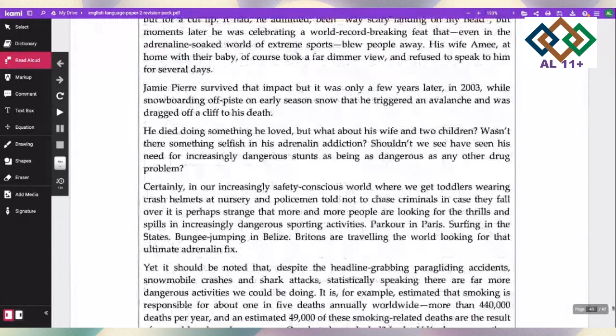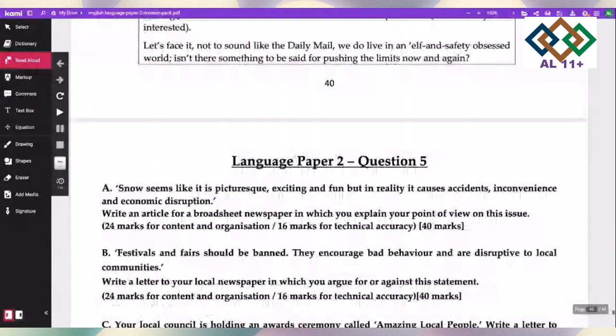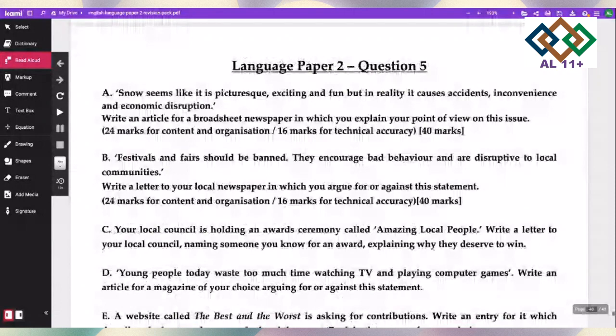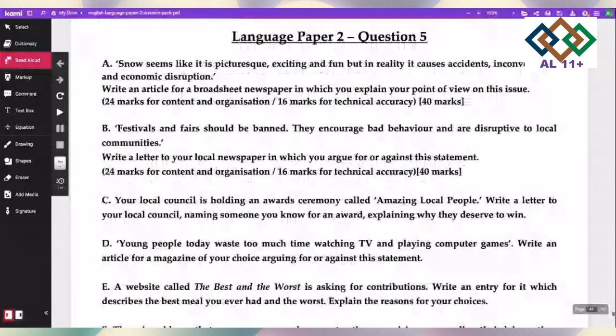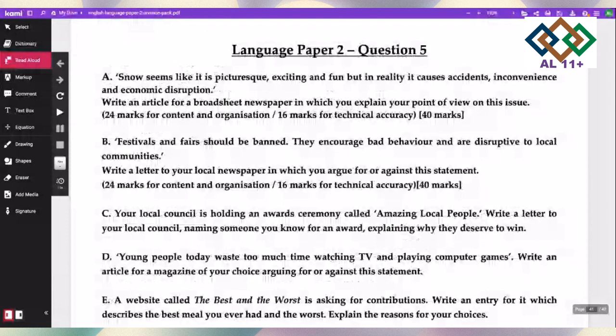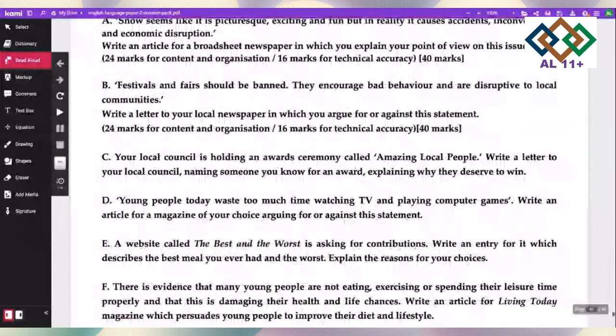Don't try writing something against the topic, and try using good language, and try using lots and lots of techniques. And another one, they have given you a lot of things. You could see that these are the things that could come. These are some of the other questions which might come.